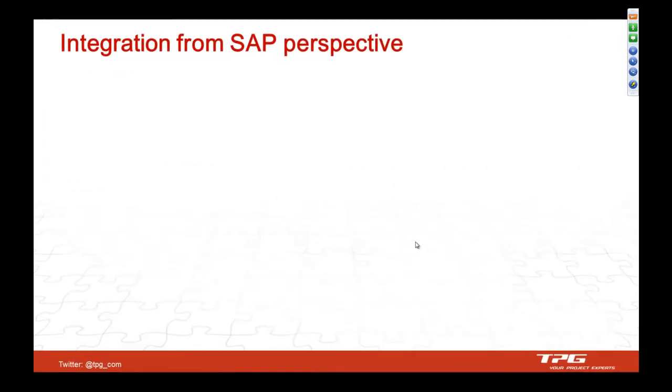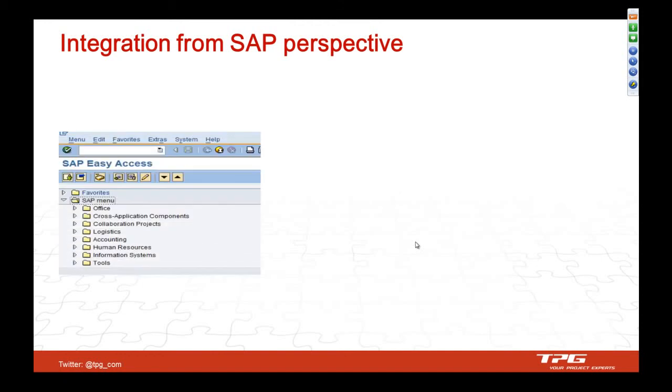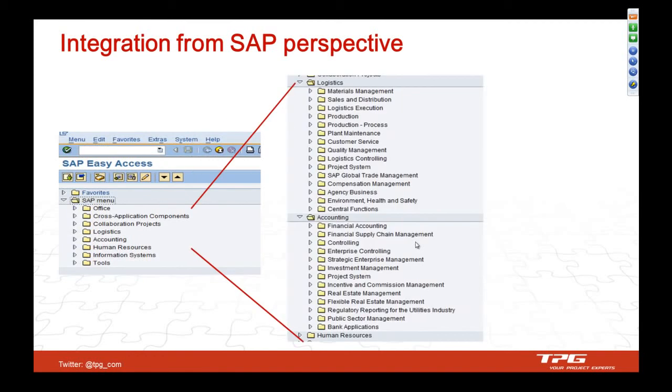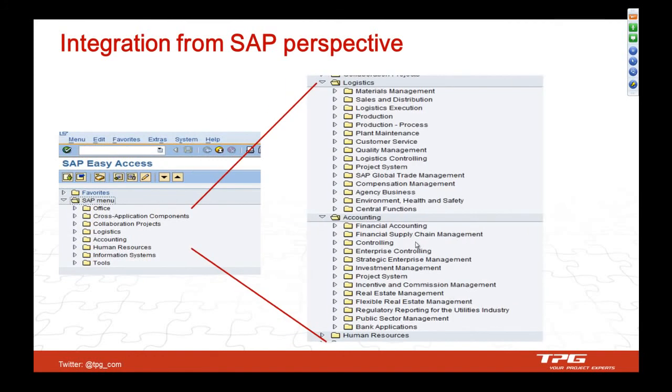So if we look at SAP itself and try to understand integration from the SAP perspective, people that know SAP, and we saw before that around 50% of the attendees here have an SAP system, know that SAP consists of several modules, as you can see on the right side.